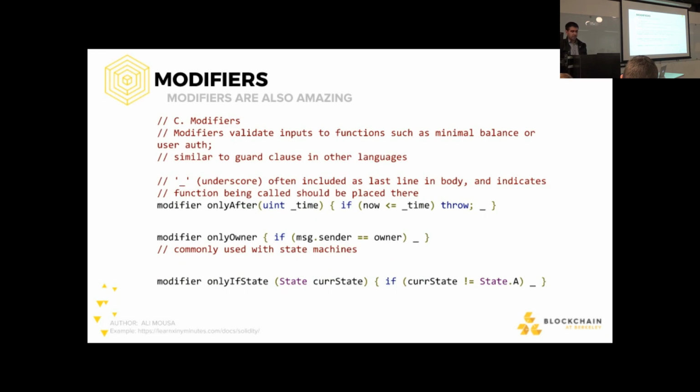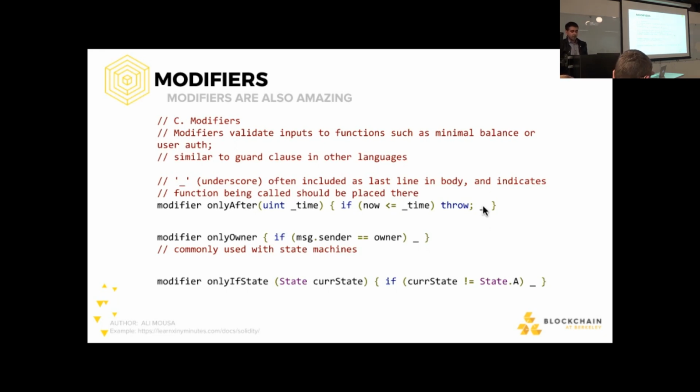We also have modifiers. These are good if you want to be really modular about how you do your assertions. They're very similar to assertions in Python. More similar to decorators actually, because you have a conditional statement, and you write a template function, and you see where the dash is.